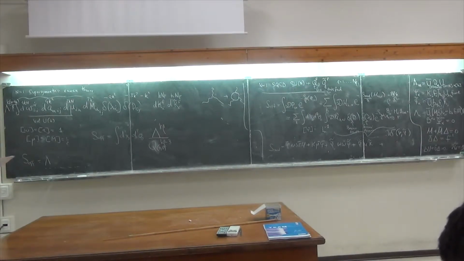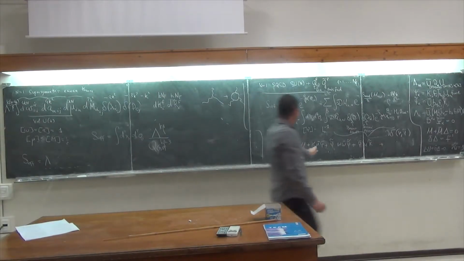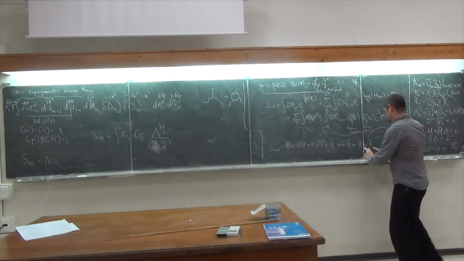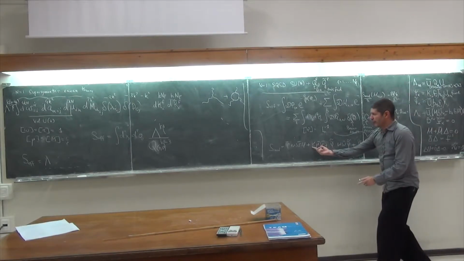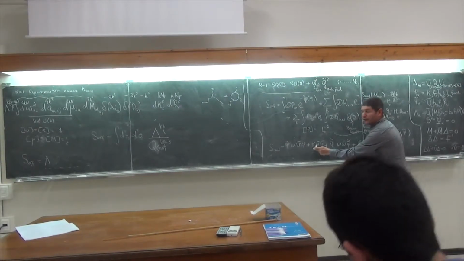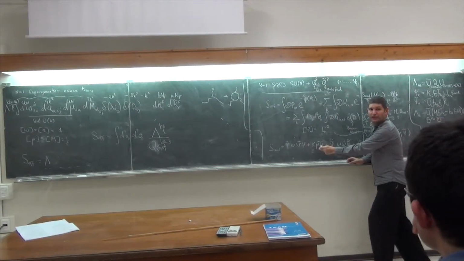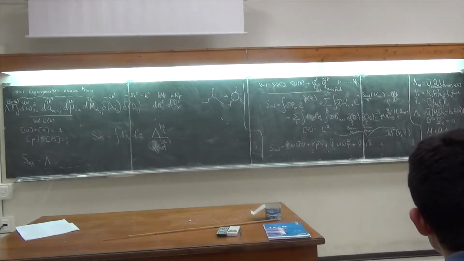Okay, but then I want to also stress this point. You see, the integral that you are doing, the action that you have always combines a zero mode of the fundamental with a zero mode of the adjoint. Okay?